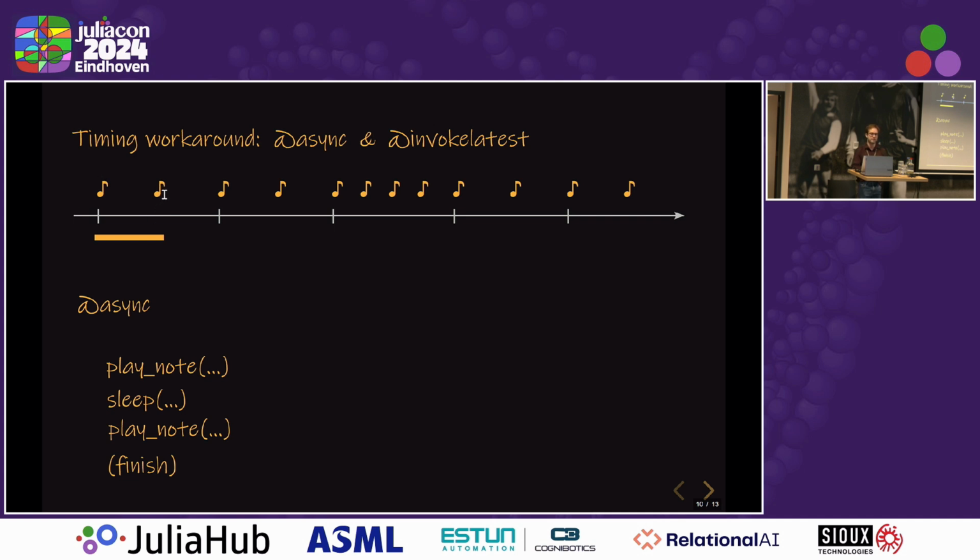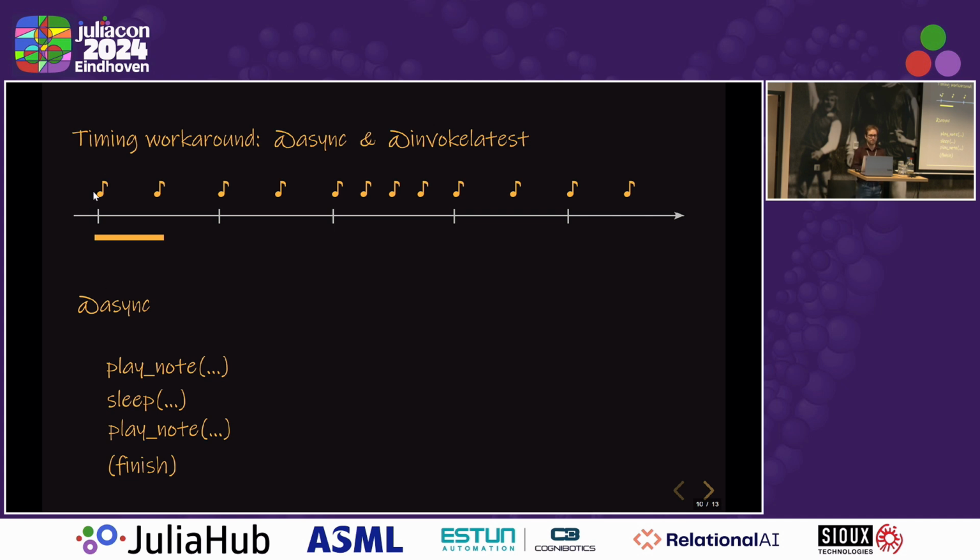One approach, how I solved it, probably not the best, is we can use the async function to basically execute something and directly continue the logic of our note generation. For example, I can use async begin to play the notes, and I can sleep in between notes.